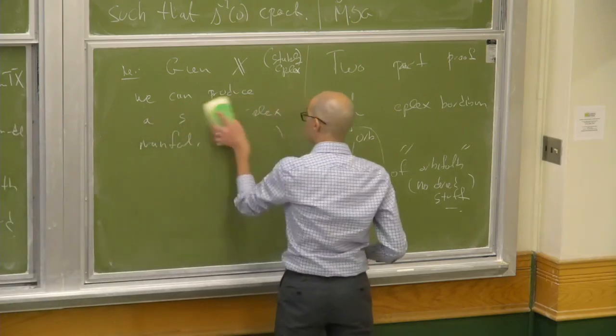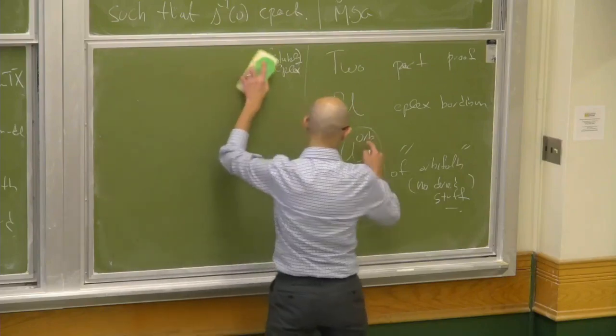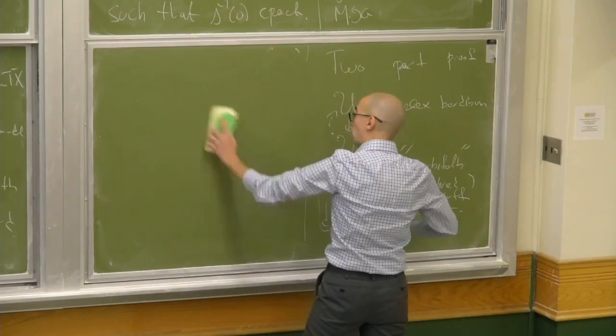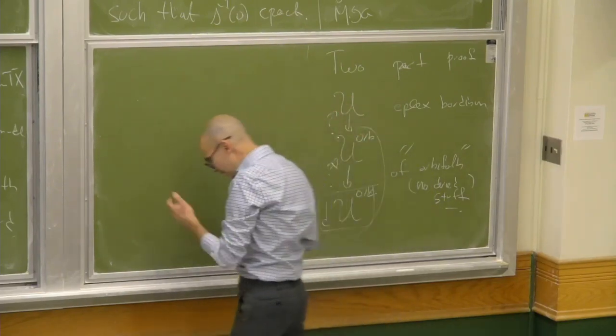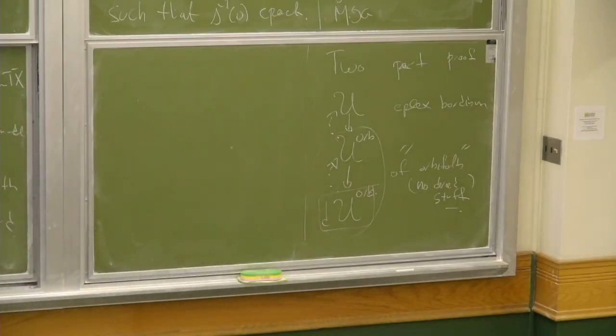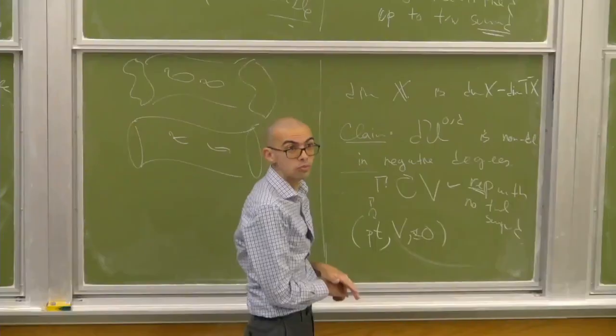Good. So how does this step go? This kind of splitting from the derived to the orbifold. I've already told you that you cannot expect the zero locus to be an orbifold.